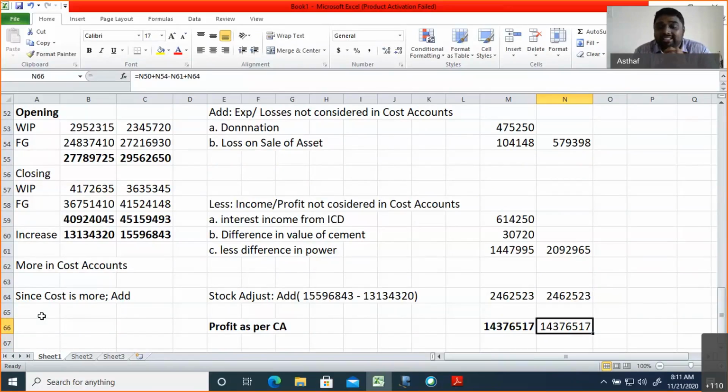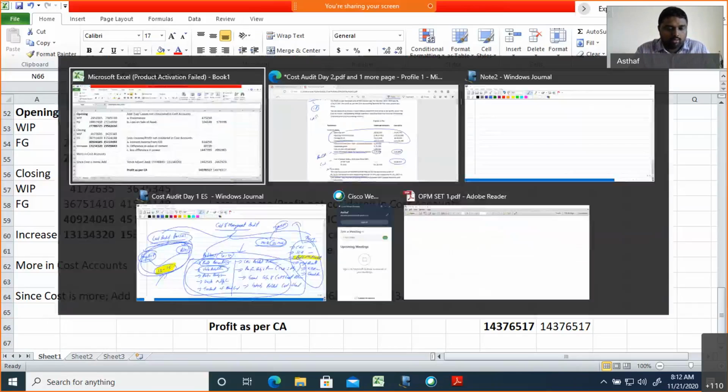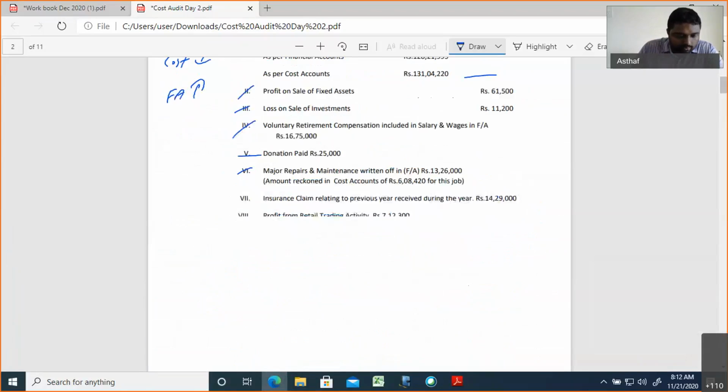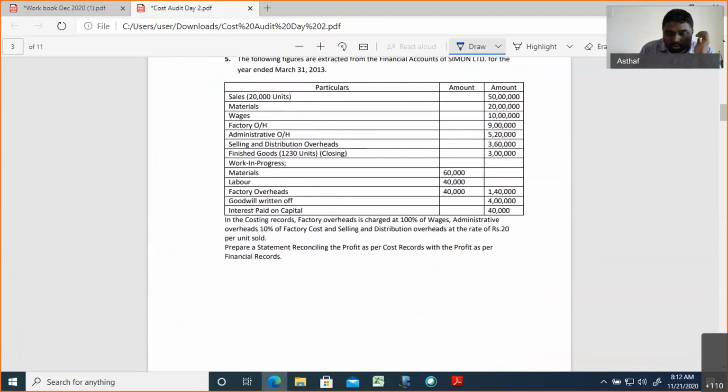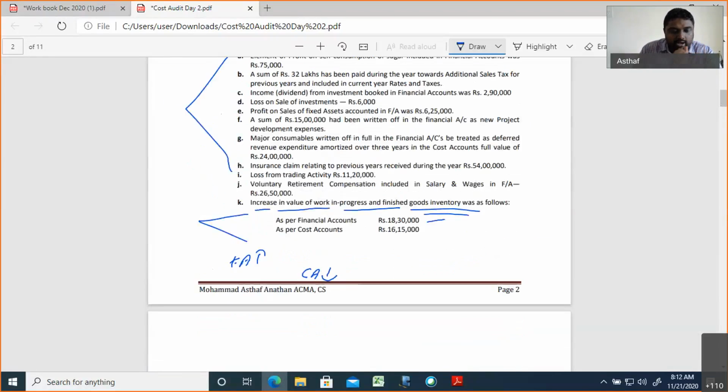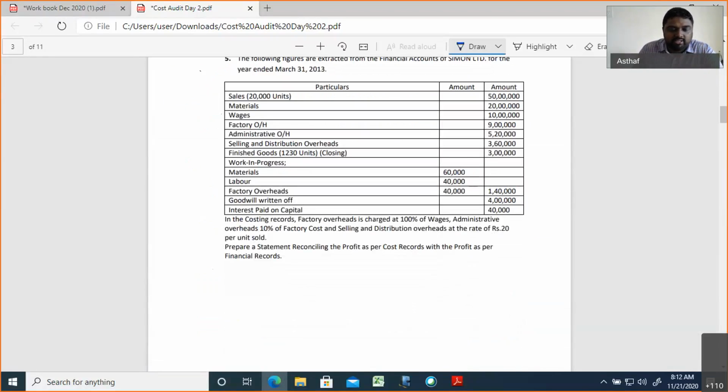So stock adjustment, different methods we have discussed, because there will be a separate subdivision for stock adjustment. So for bringing the clarity only, we have done this many sums. So now already we have done up to 4. This is the question which I was telling you.